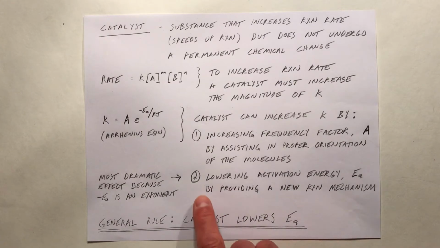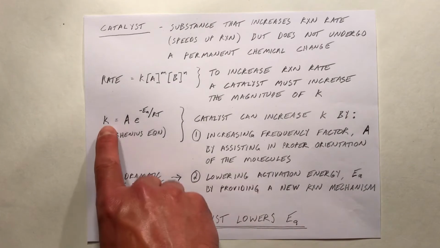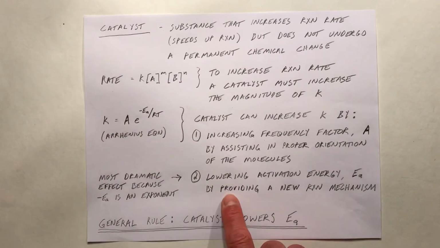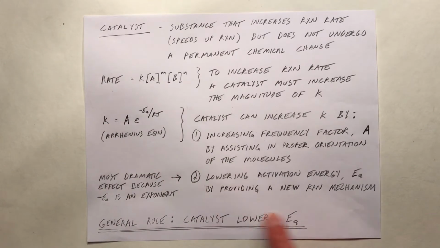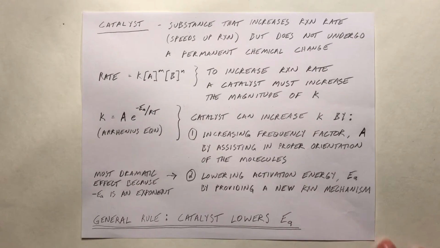And then the second way that catalysts can affect the value of K is by lowering the activation energy, the Ea value. And that happens by providing a new reaction mechanism. In other words, the catalyst changes the mechanism of a reaction to a new mechanism.